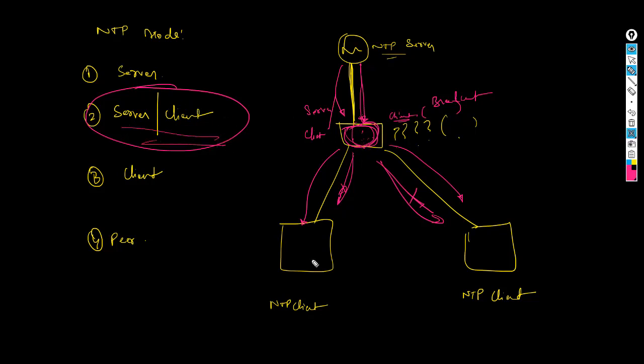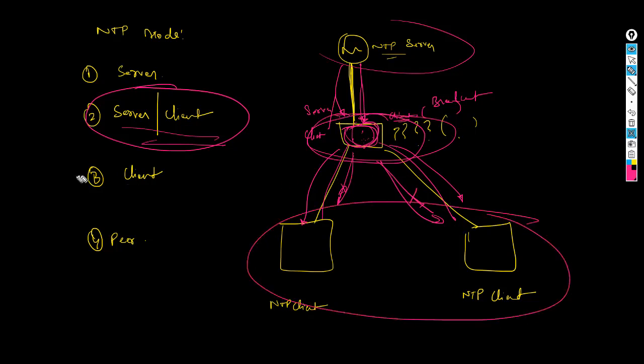Okay, and you will make a device server client when you have something else also behind this particular device, and you need to forward the NTP further down towards them. So in this case, this acts as a server, this acts as server client, and these act as a client. Okay, only NTP client. Now what is peer?